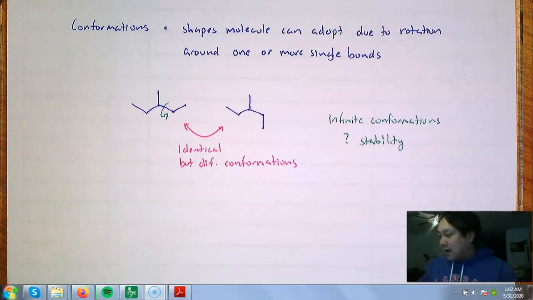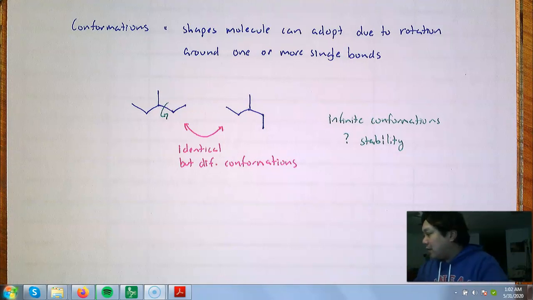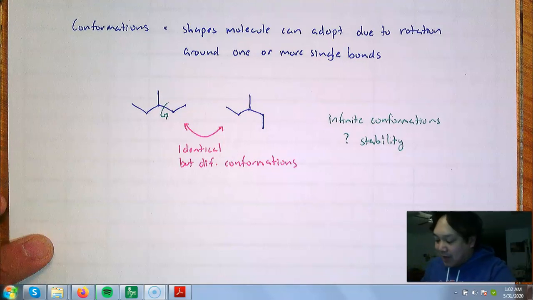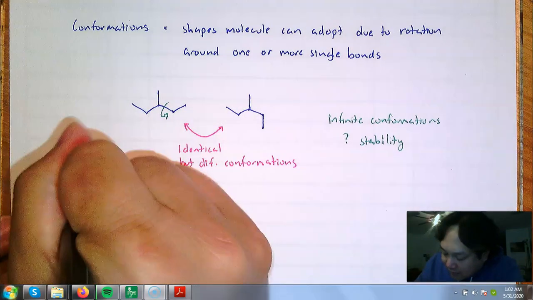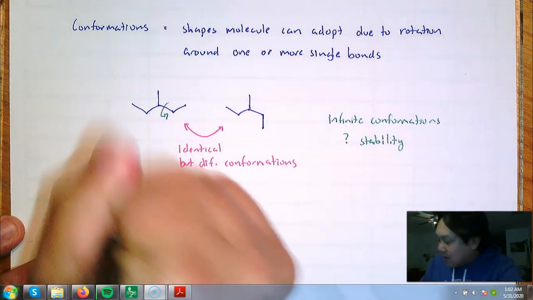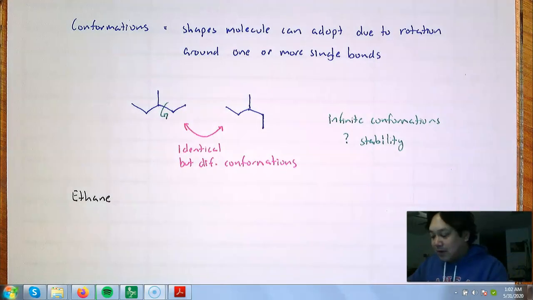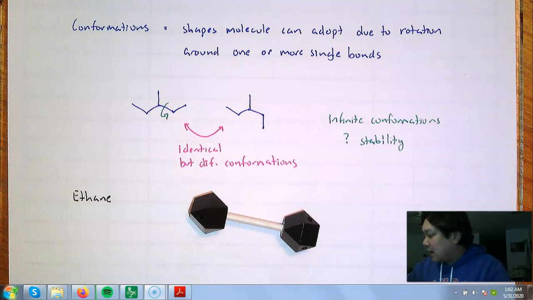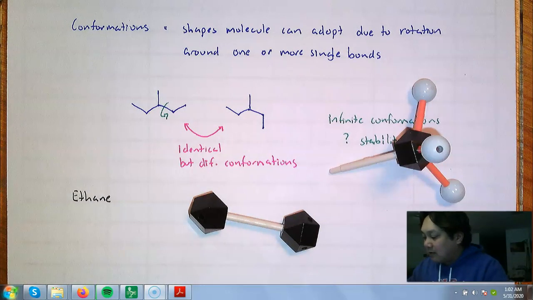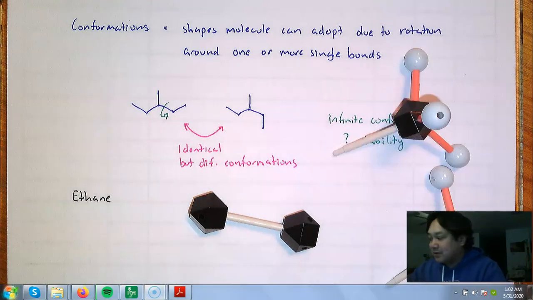Now, the molecule that I want to look at first is ethane. Very simple molecule. And what you want to do is, here's ethane without the hydrogens, and you want to go ahead and make a bunch of methyl groups, okay?